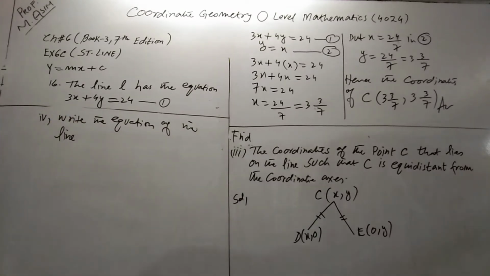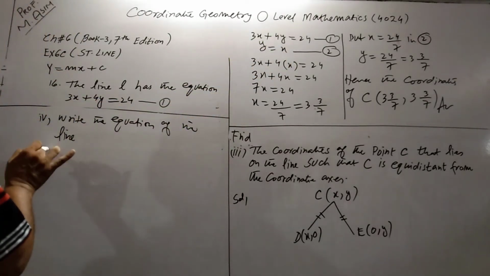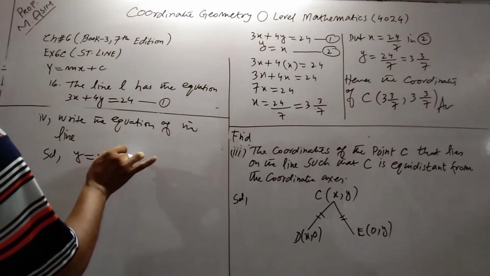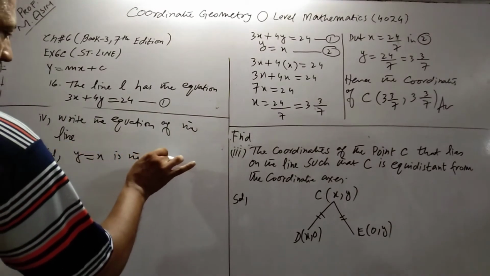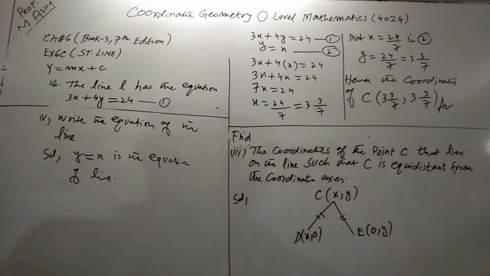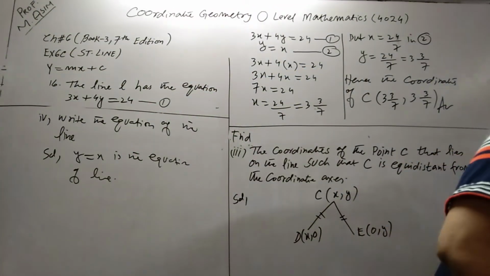Student, we have already found the equation of the line. See this, y is equal to x. So we just write the answer. Y is equal to x is the equation of line. So no need to do further calculation. I hope you understand.